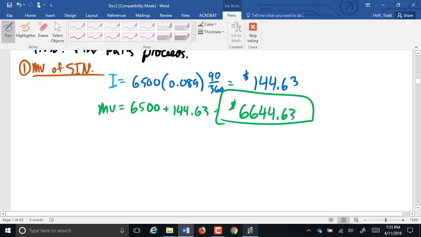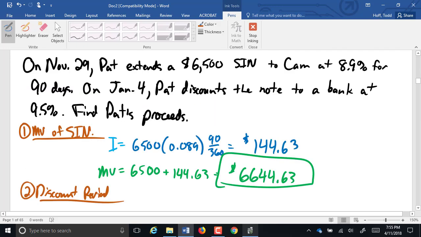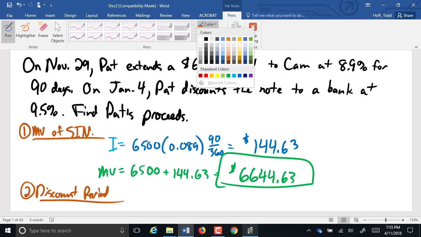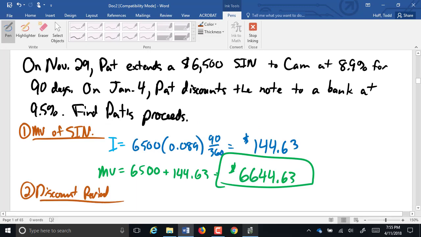Step number 2 is discount period. Now, if we look up here, from November 29th to January 4th is how many days? Yep. 36 or 37?